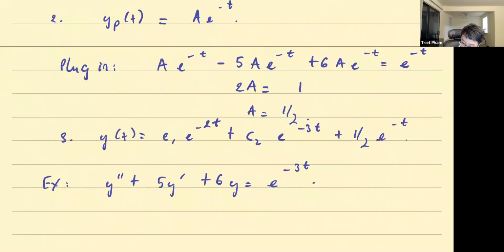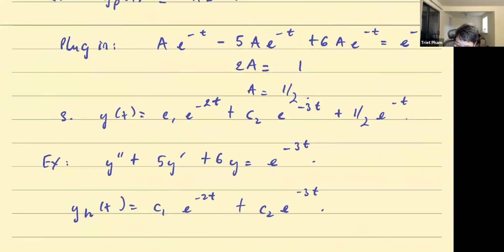All right, so now I repeat the same question, changing the right-hand side, the forcing function. So remember, yh of t is c1 e to minus 2t plus c2 e to minus 3t. What's the guess for my yp?